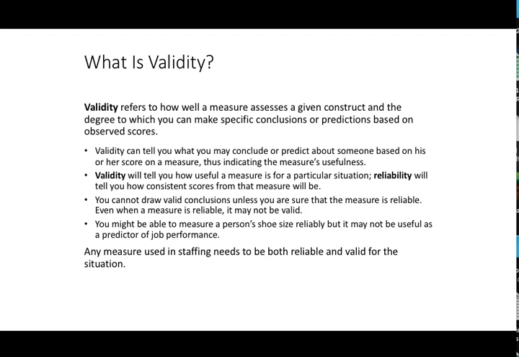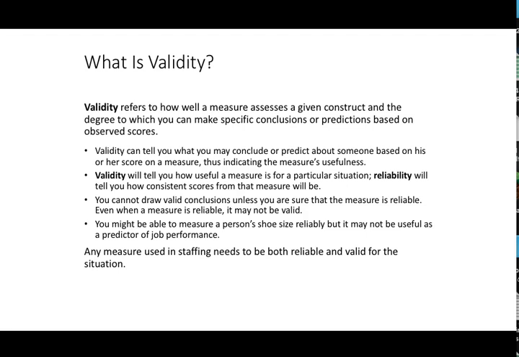I like that last bullet point there: you might be able to measure a person's shoe size reliably, but does that mean it has anything to do with job performance? Well, of course, we know that, right? Or as we talked about before, a contaminated measure might be measuring someone's attractiveness as a waiter or waitress, but that doesn't mean it has anything to do with their ability to be a good waiter or waitress on the job.